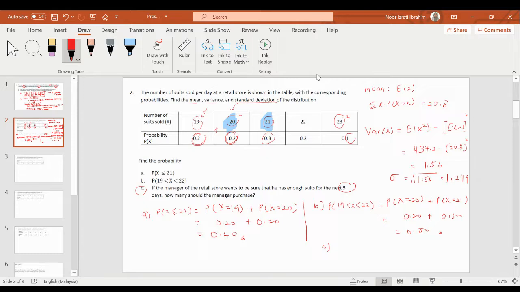So mean is 20.8, multiplied with 5. Expected number of suits sold multiplied with 5 days. You will get 104 suits that the manager has to stand by or prepare to have enough suits to be sold for 5 days.